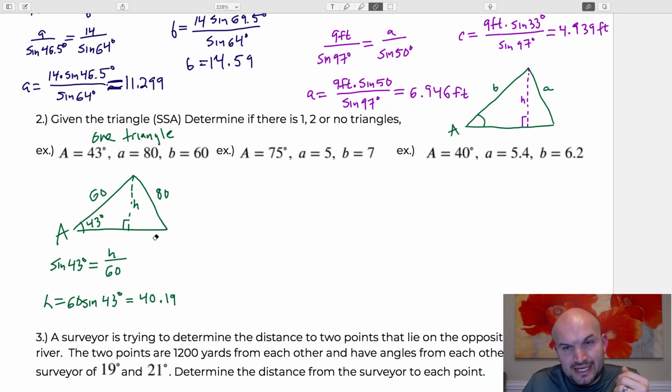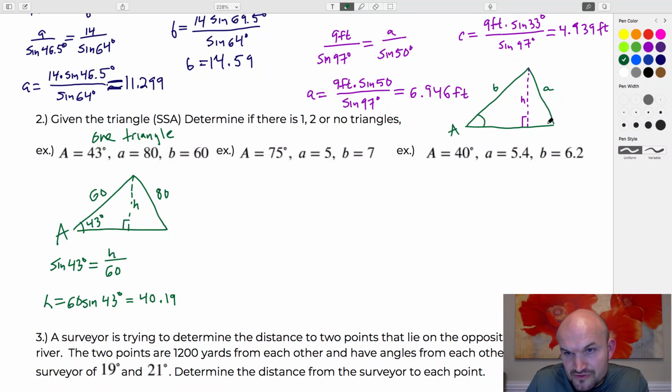The other thing you could do is just use the law of sines and figure out what your angle B would be, and then see if there would be another case option for B2, which I think is a hard concept to circle out. So I think the easy way to do it is maybe just drawing the triangle, identifying the height, and then trying to see which type of triangle would make sense.